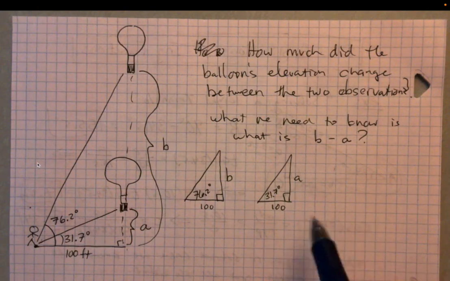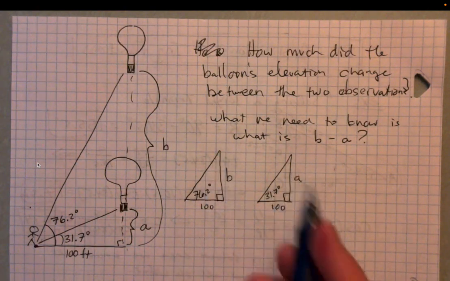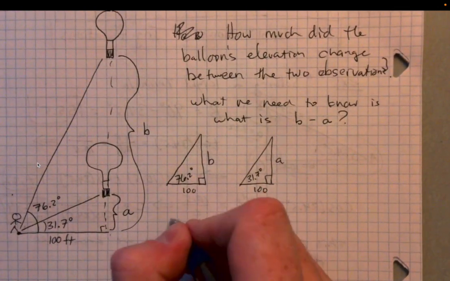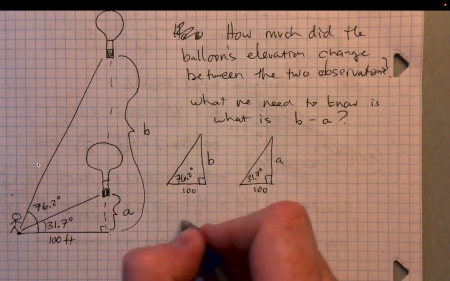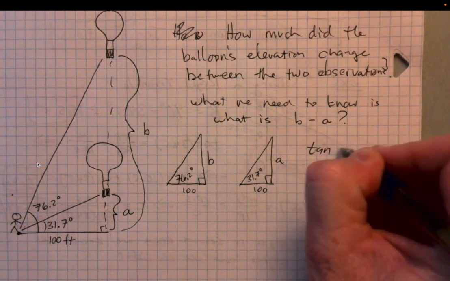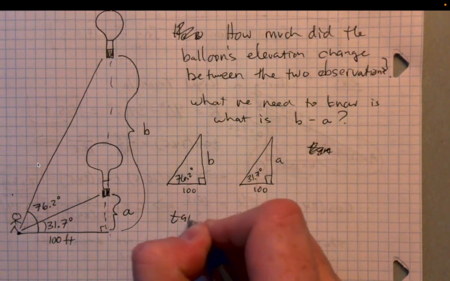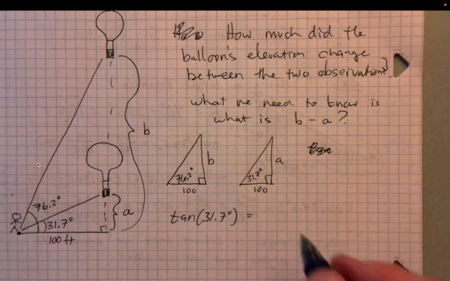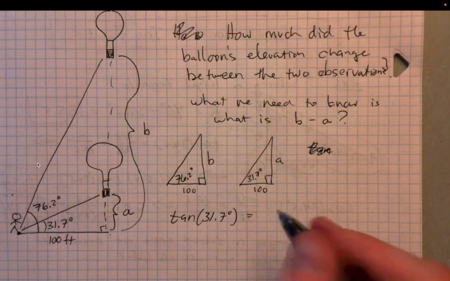Sure. Right, we know the adjacent side, we need to know the opposite side, so a good candidate here would again be that tangent function. Right, so let's start with A. We'll say the tangent of 31.7 degrees is equal to the opposite over the adjacent.